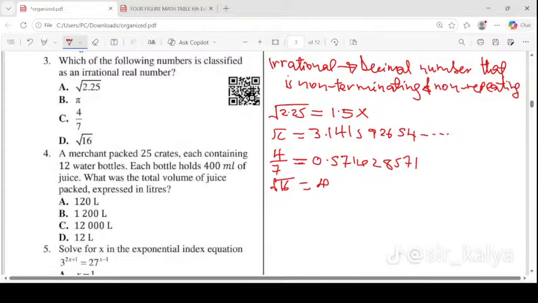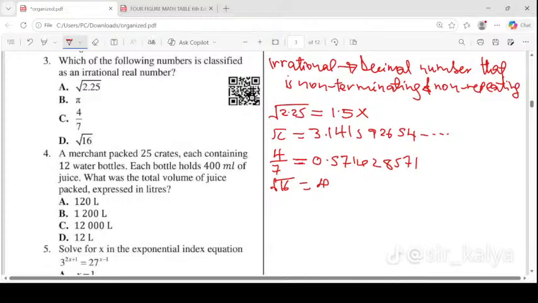Now, when we talk about real numbers, these are numbers on a number line. When we do this analysis well, pi is a mathematical constant whose value is approximately 3.142. It is a well-known fact that pi is an irrational number.